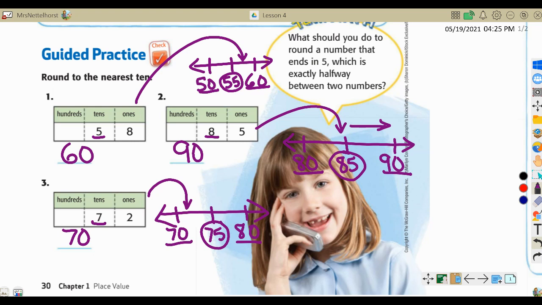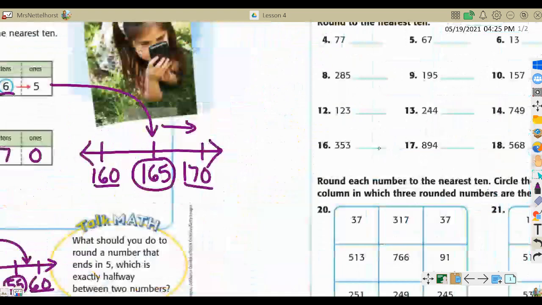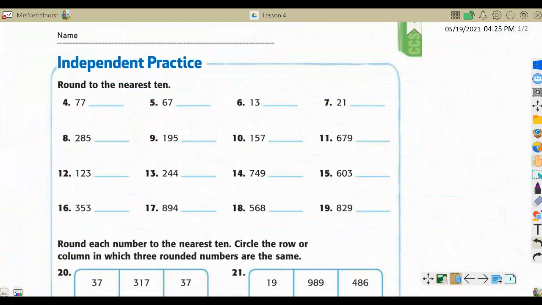Okay, let's go look at the independent practice. So you're going to round all of these to the nearest 10. Even if there's a hundreds place, I need to see the hundreds place in your answer, but the hundreds place is not going to change. All that might change is the tens place, depending on how it rounds. And every number will end with 0 because you've rounded it off.